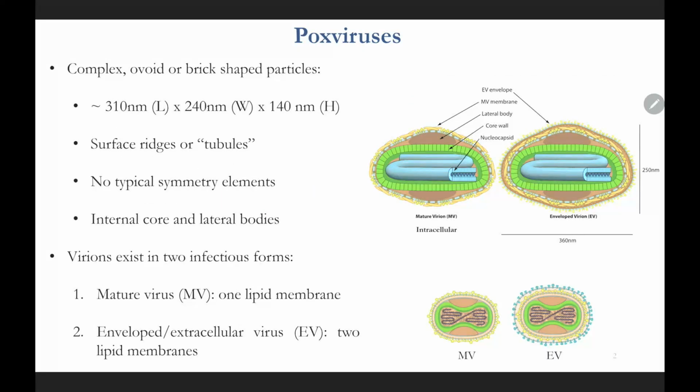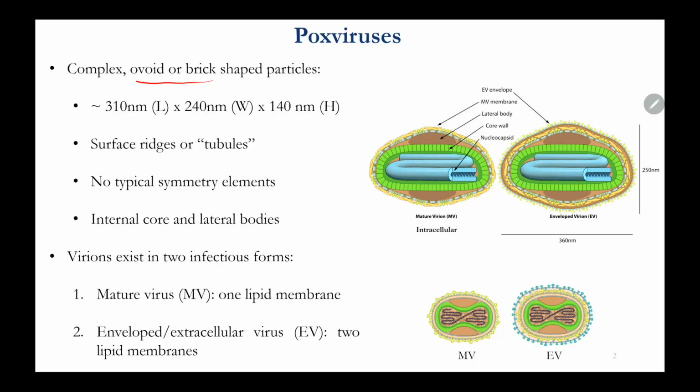All right, so starting with pox viruses, they are actually fairly complex viruses, and they have ovoid or brick-shaped particles. So as you can see, the particle here is very ovoid or very oval.